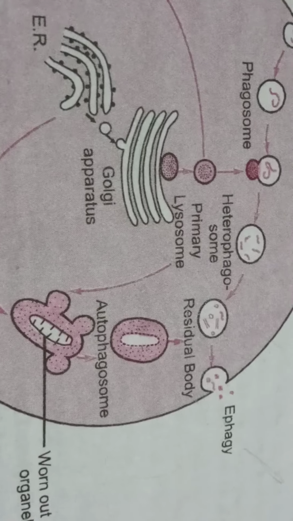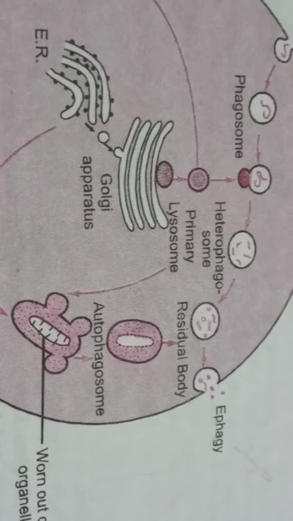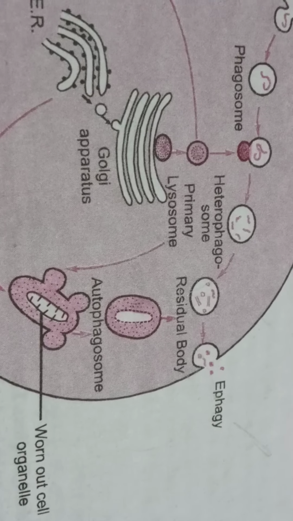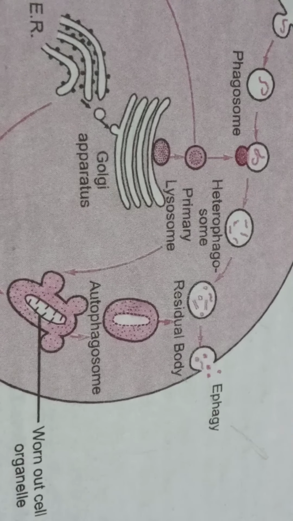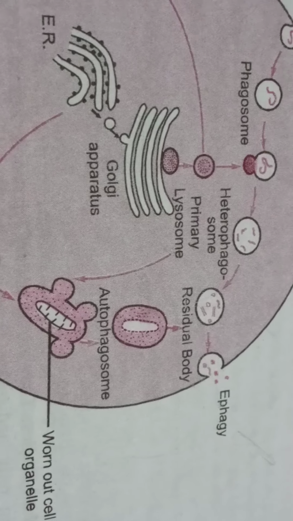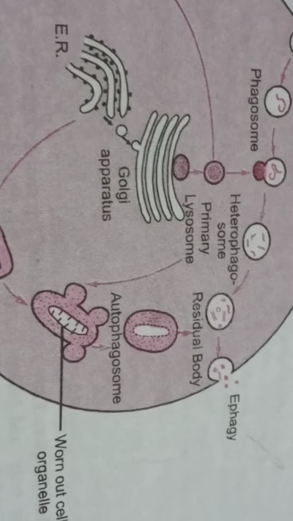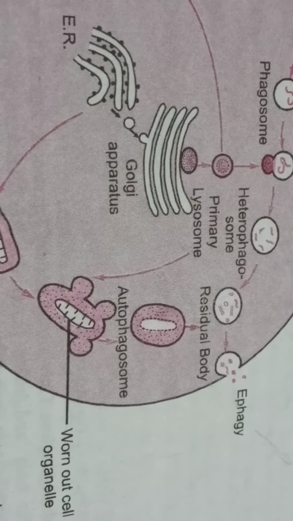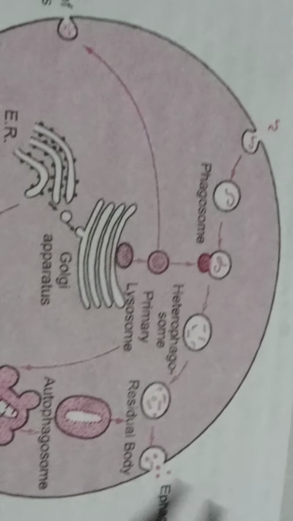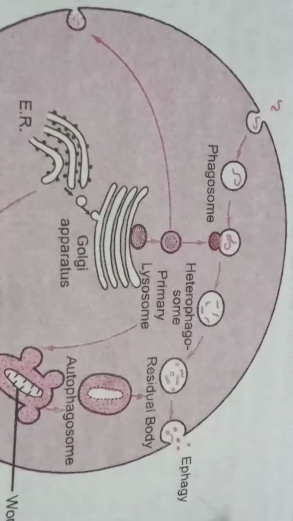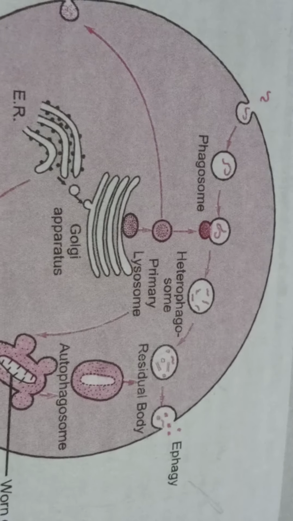Here, these residual bodies are sometimes responsible for causing pathological diseases also, like storage disease, hepatitis, Pompe's disease, Hurler's disease. So though they are helping, sometimes they may also cause this type of diseases.